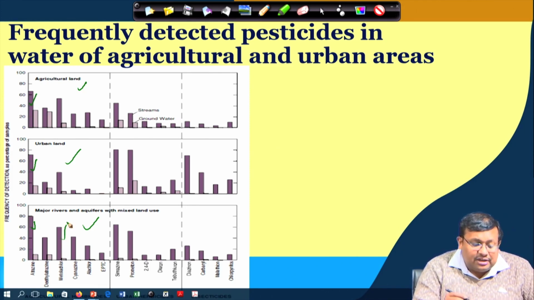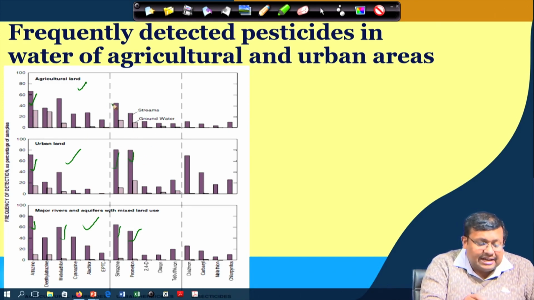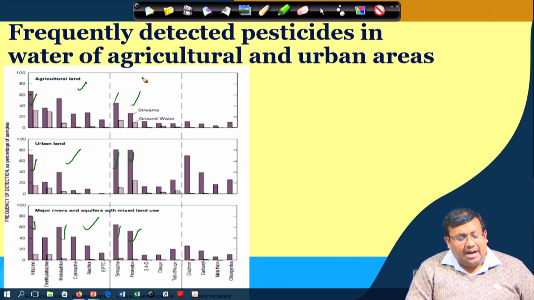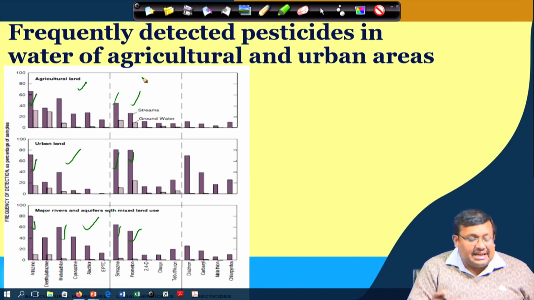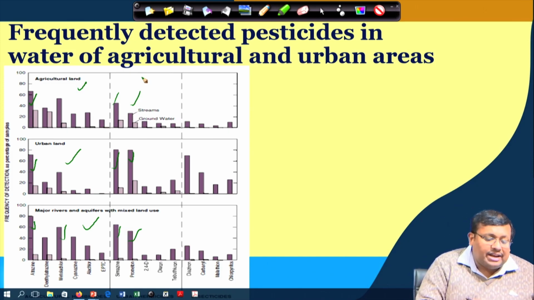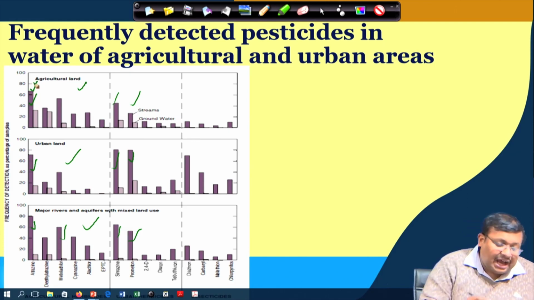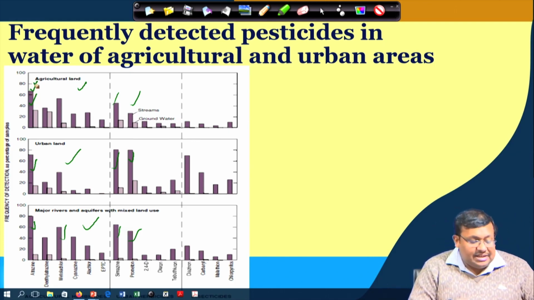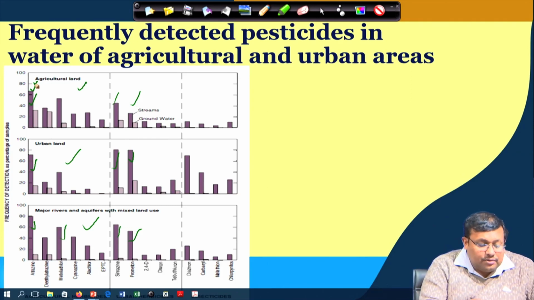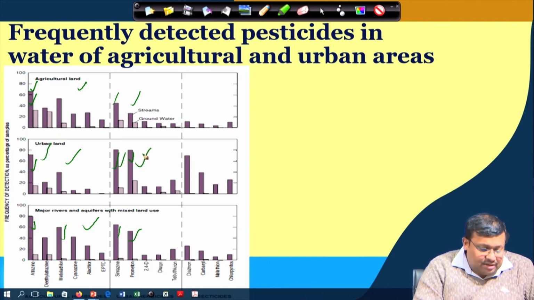We can also see simazine and prometon are highly prevalent in both major rivers as well as in urban and agricultural lands. In agricultural lands, the occurrence of atrazine, an important pesticide, is high. In urban land we also see high occurrence of atrazine, simazine and prometon, and in major rivers again atrazine.